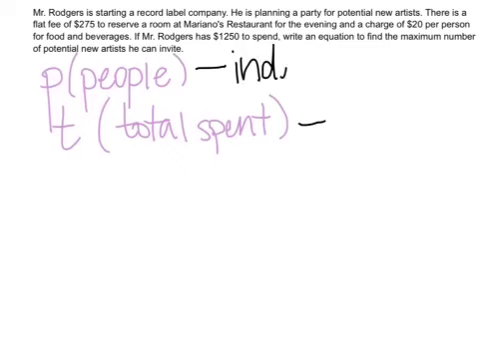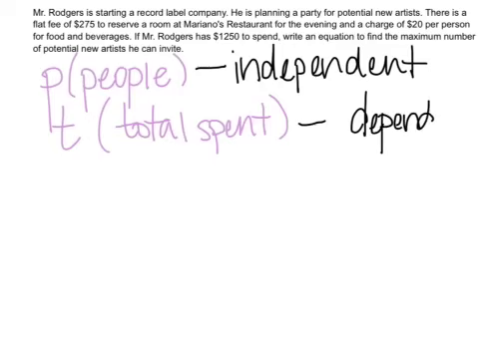So the number of people is going to be our independent variable, and T, our total spent, will be our dependent variable. So if we were to graph that, this independent would go on the X and the dependent would go on the Y. But we're not asked to graph it, we're just asked to write an equation.